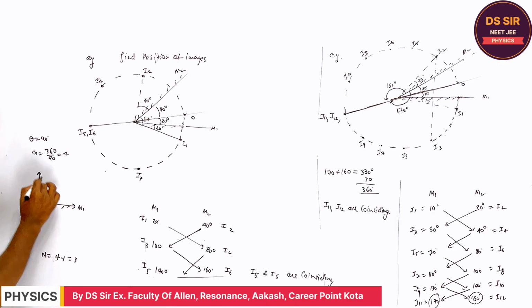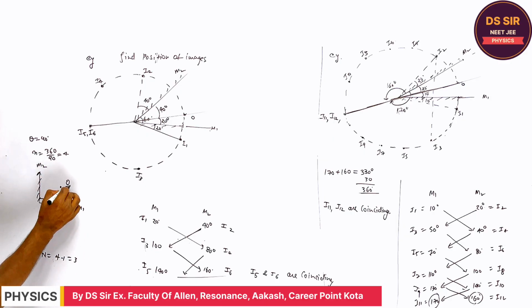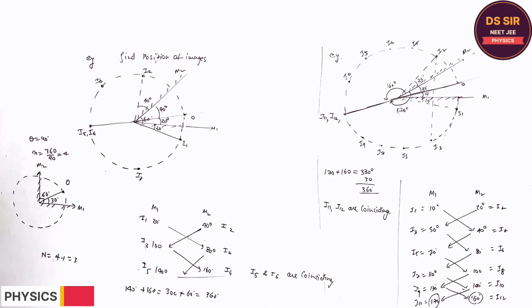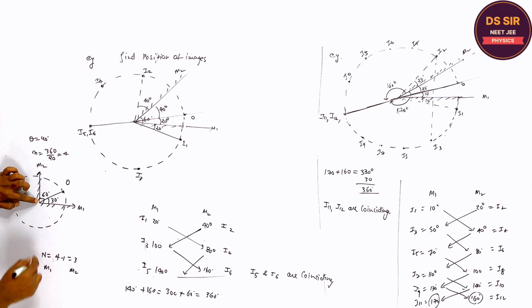Right, this is the M1, this is the M2. If this is the object, anywhere it may be placed. Suppose this example is 30 degree, this example is 60 degree. All the images will be present on this circle. If you assume this is the M1, this is the M2, and it is 30, it is 60. 60 plus 90, 150, and 30 plus 90, say 120.